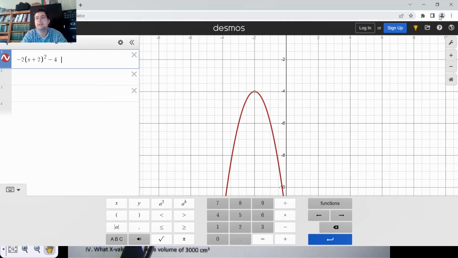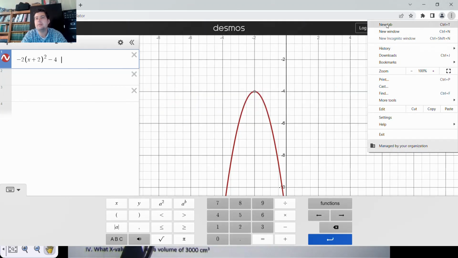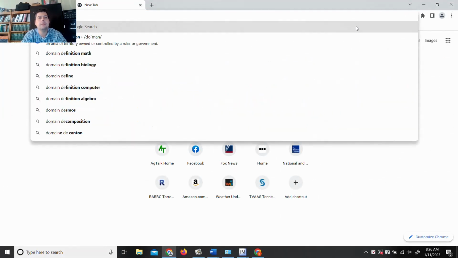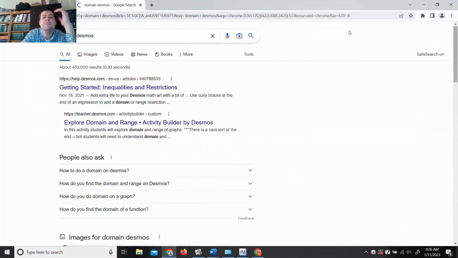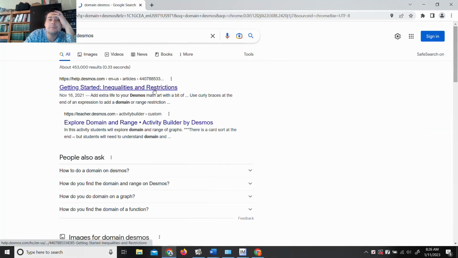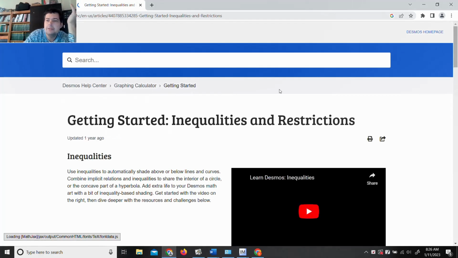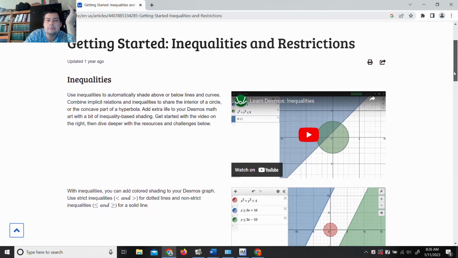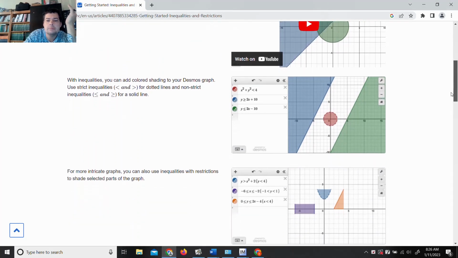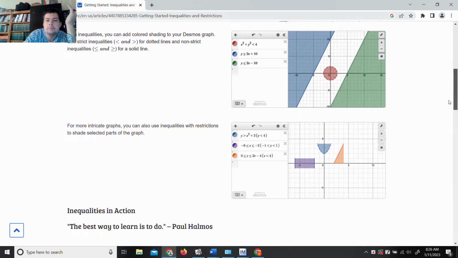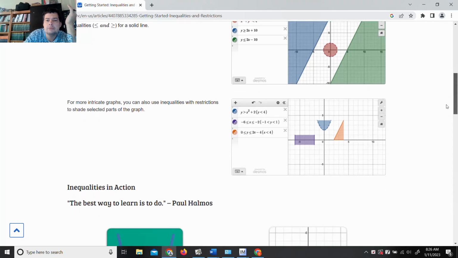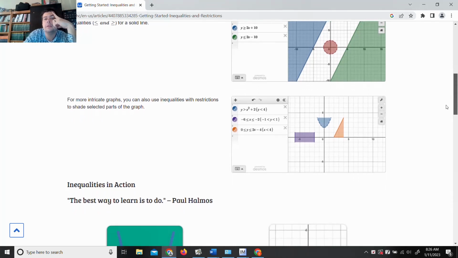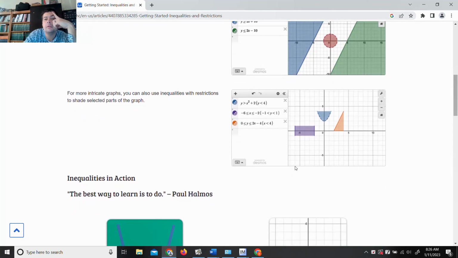Alright, so I want domain in Desmos. It's curly braces. So I wonder why it's complaining. It's curly braces. That's what I was trying to use.